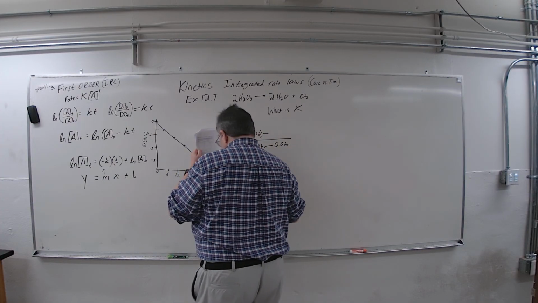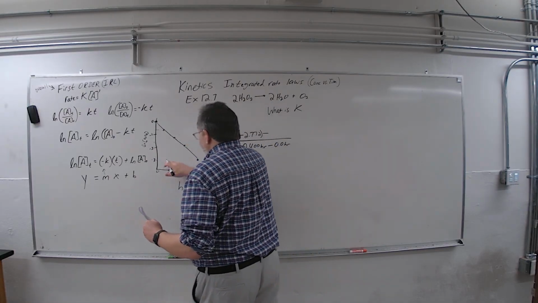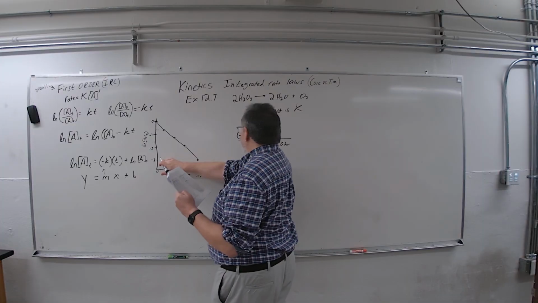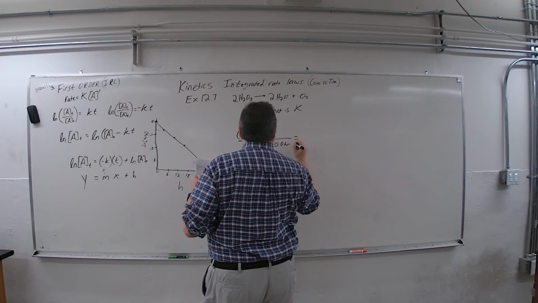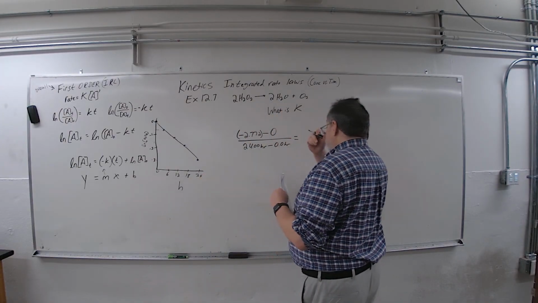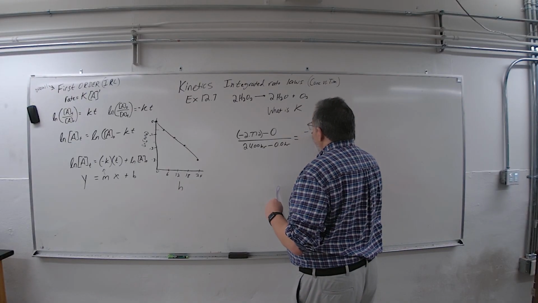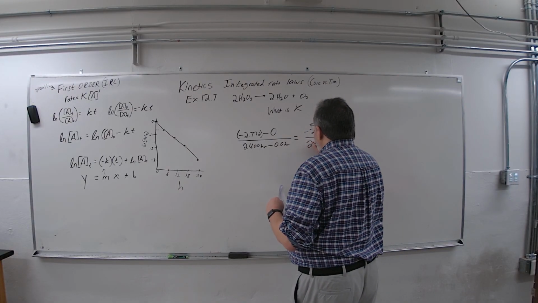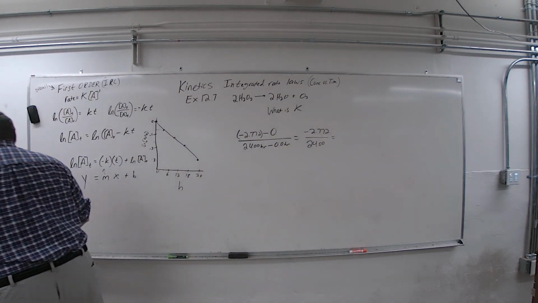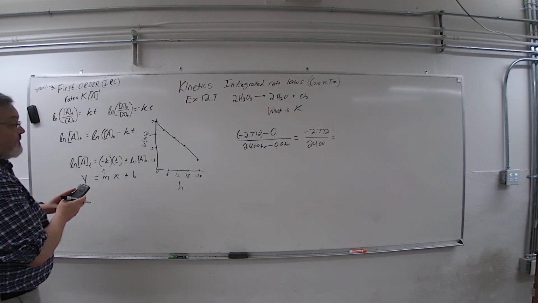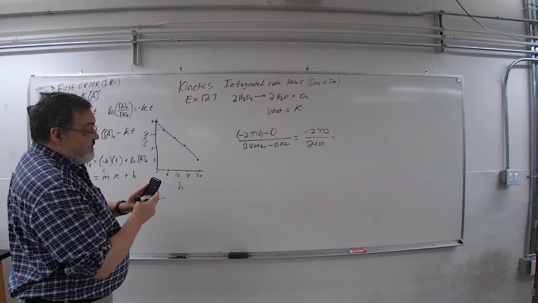Put that in parentheses, minus the negative 2.772, and this is 0. That should give you a good estimate of K: 2.772 divided by 24.